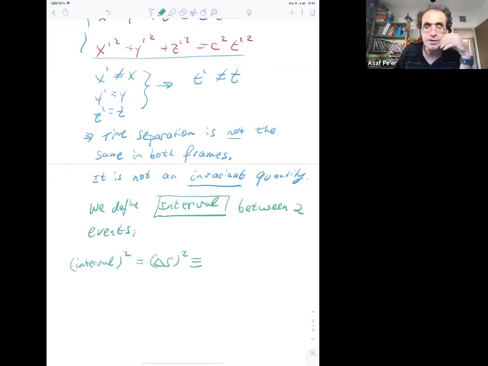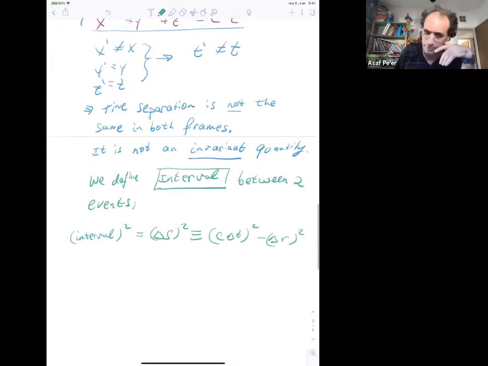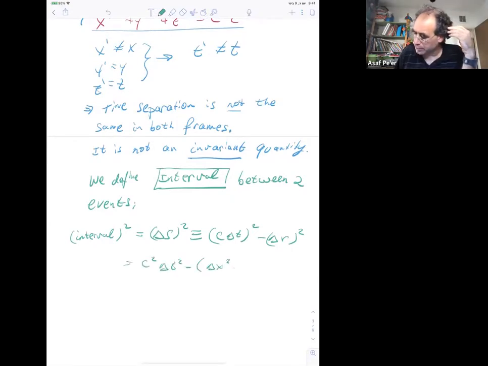This is a definition: c squared delta t squared minus delta R squared, or c squared delta t squared minus delta x squared plus delta y squared plus delta z squared. Right, so delta z is z2 minus z1.